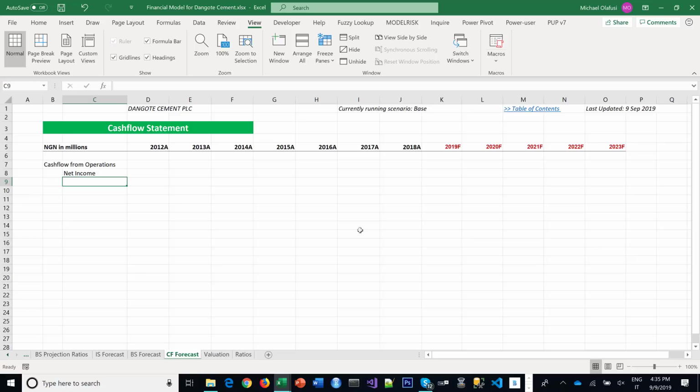So I'm going to add back D&A. You notice I'm pressing a single apostrophe before the plus. If you don't do that, it will think you are trying to do a formula. So D&A, I'm going to also adjust for other non-cash items.